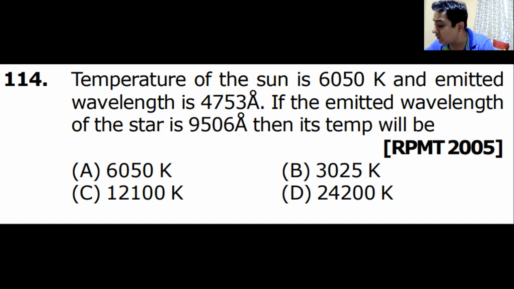Now you can put in this formula and get the answer. Your answer will come somewhere close to 3,025 Kelvin. You don't have to do exact calculation. You can use round-off values, the closest value, which makes your calculation simpler. Instead of 6,050, you can also use 6,000.